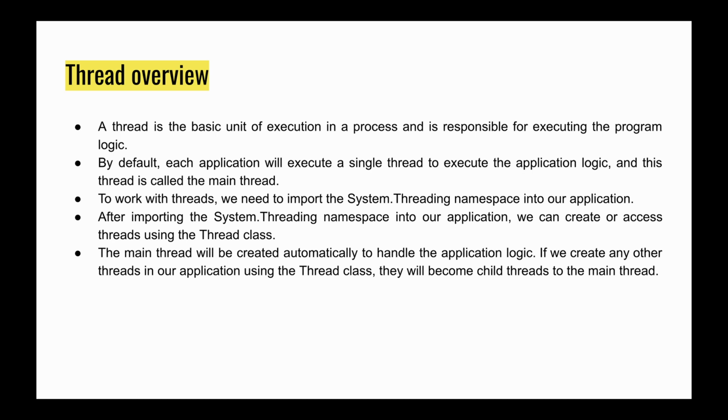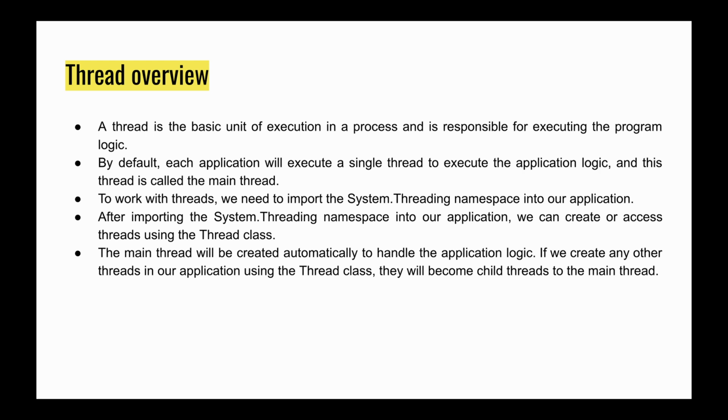Thread overview. Below are important points you need to remember about threads. A thread is the basic unit of execution in a process and is responsible for executing the program logic. By default, each application will execute a single thread to execute the application logic, and this thread is called the main thread.